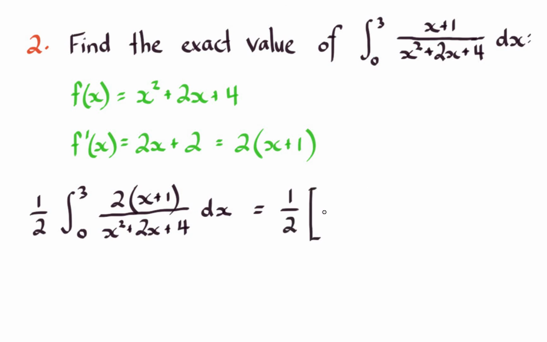Evaluating this integral gives us the natural log of the absolute value of this function of x on the bottom. So x squared plus 2x plus 4. And so now all that's left to do is to evaluate this function by substituting in 3 and 0.